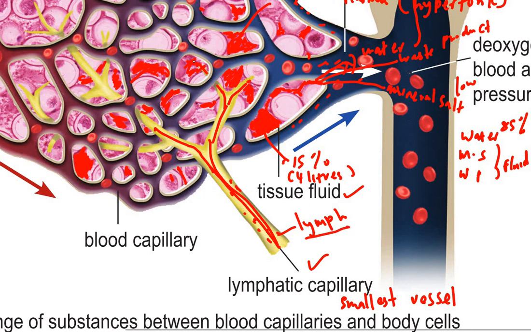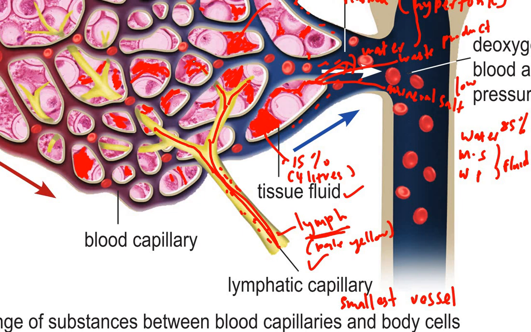So lymph is actually the fluid that flows inside the lymphatic capillary, and usually lymph is pale yellow in color. So these are the differences of the three fluids inside our body.